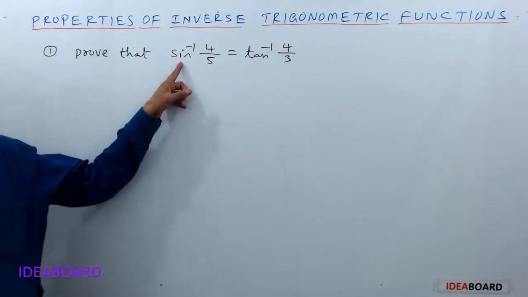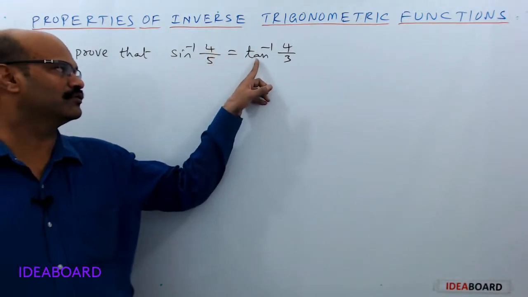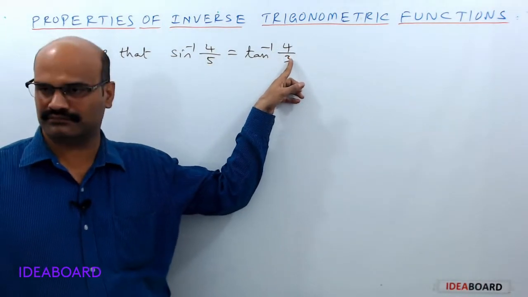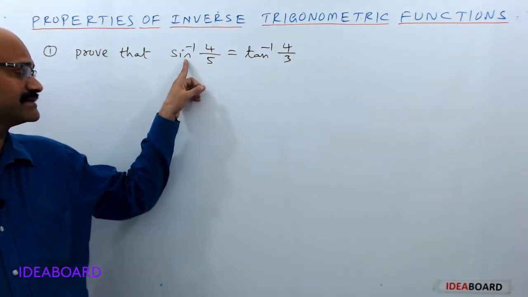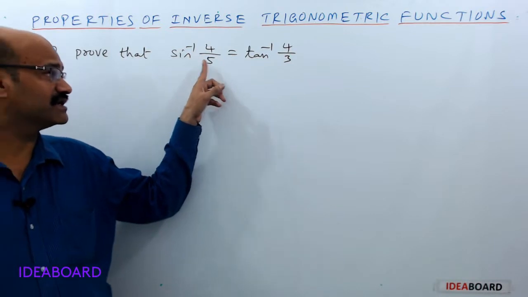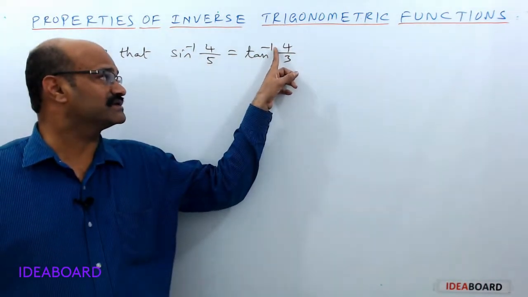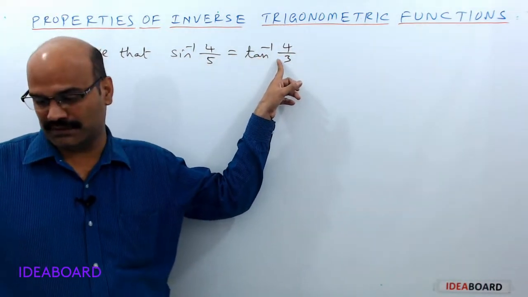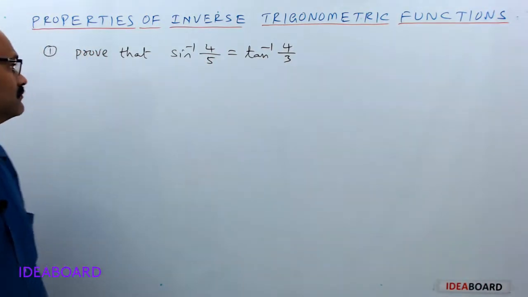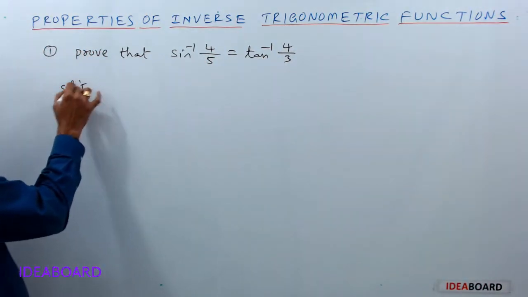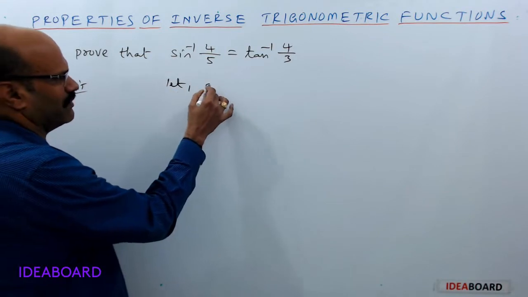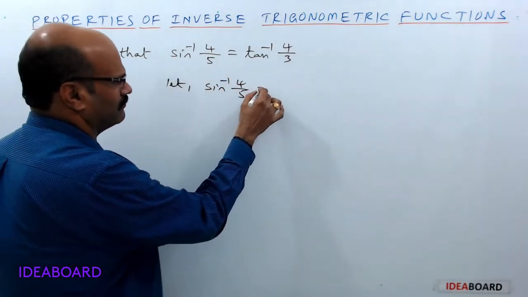Prove that sin inverse of 4 by 5 equal to tan inverse of 4 by 3. Now here we have to express the inverse sine function in terms of the inverse tangent function. So first let sin inverse of 4 by 5 equal to alpha.